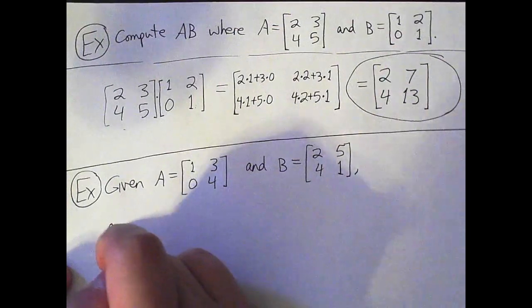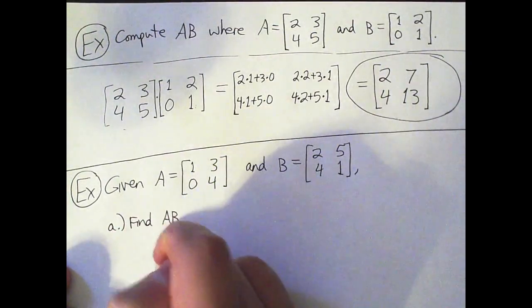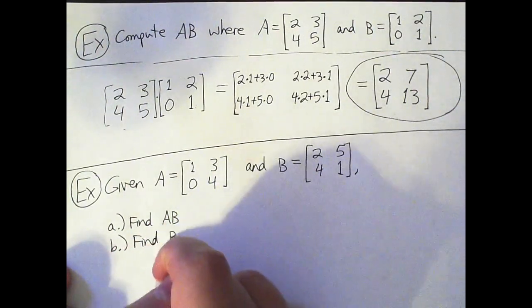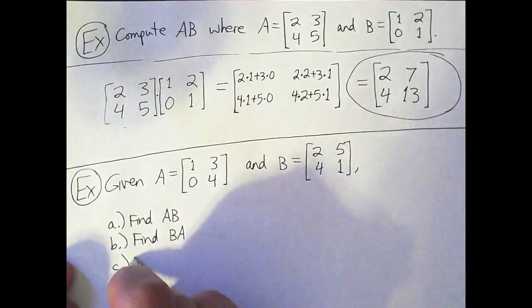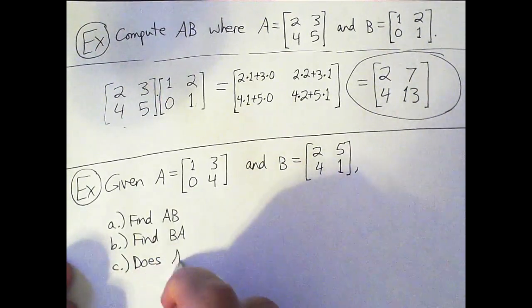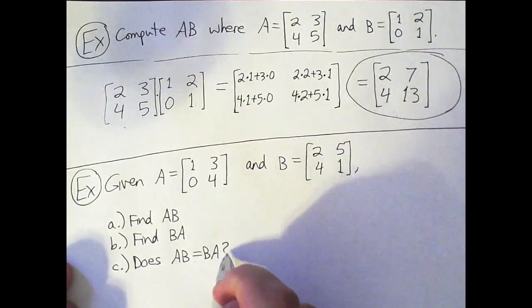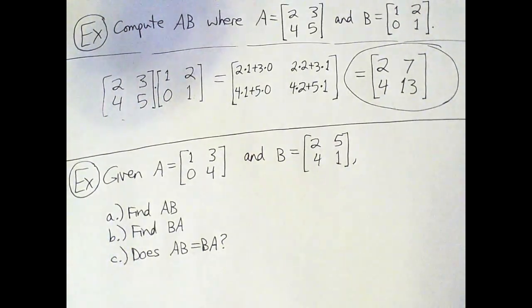Part A, I'm going to ask you to find AB. Part B, I'm going to ask you to find BA. And then part C, does AB equal BA? So that's like a yes or a no question. Are they equal? I'd like you to pause the video and give this a try.